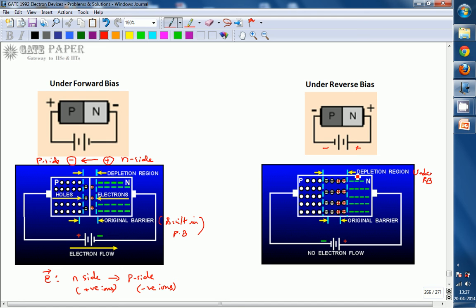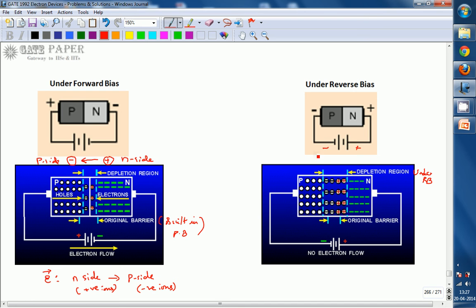So the number of positive ions on the N side increases and the number of negative ions on the P side increases, but the polarity remains the same. The ion polarity on the P side and N side, whether forward bias or reverse bias, is the same: the N side has positive ions and the P side has negative ions. The quantity increases in reverse bias, whereas it is less in forward bias.